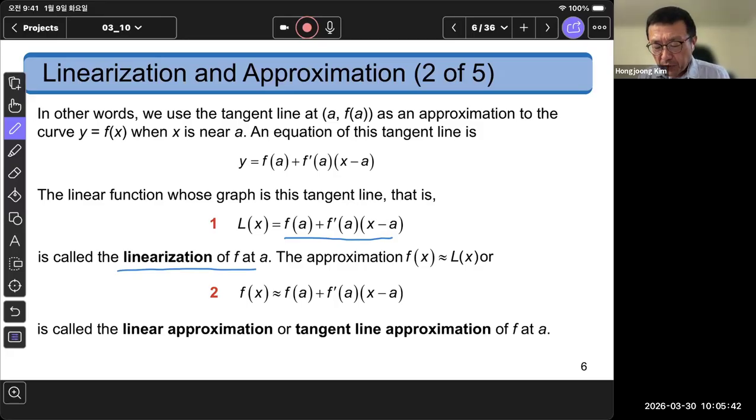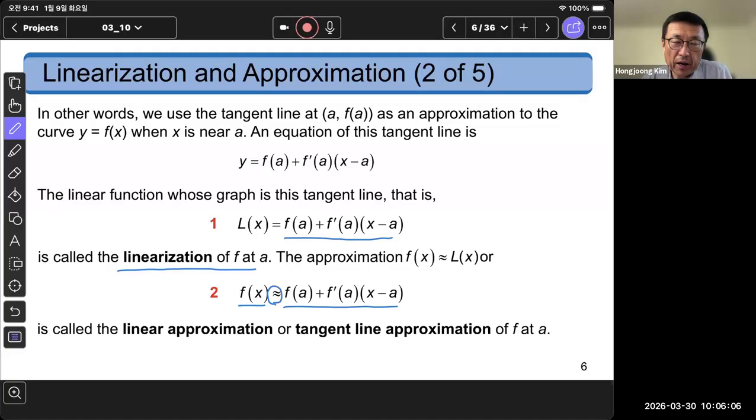So your function value at x will be very close to the value of this linearization, and this is an approximation, and this approximation will be quite good if your x is close enough, right?